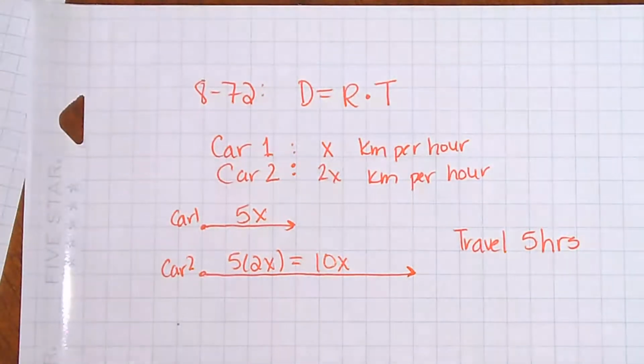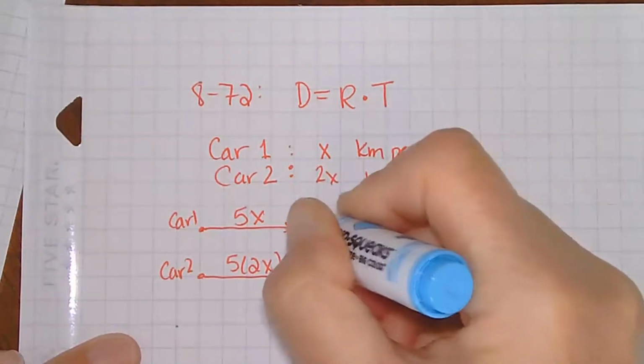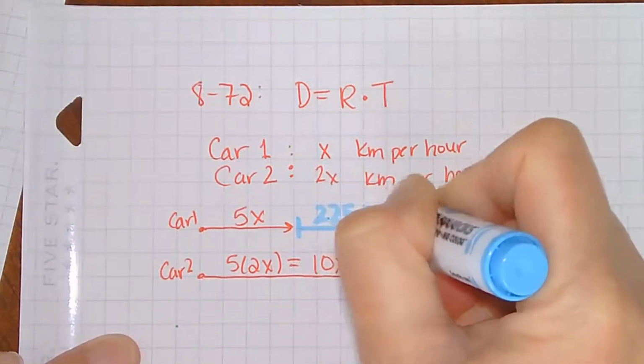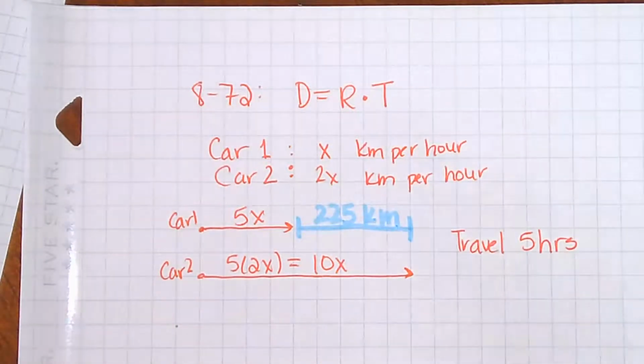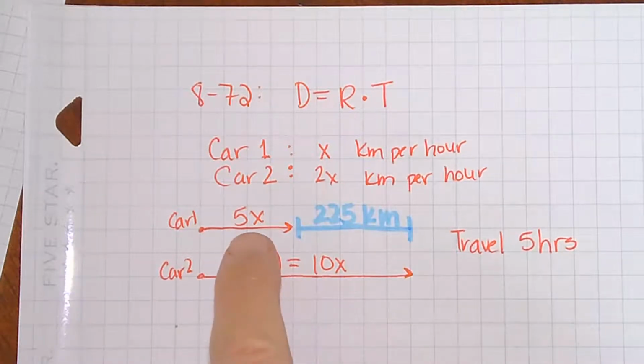Now I know the distance between the two of them is 225 miles, 225, not miles, kilometers. So I am going to take the distance that car 2 traveled, which is further, and subtract the distance that car 1 traveled.